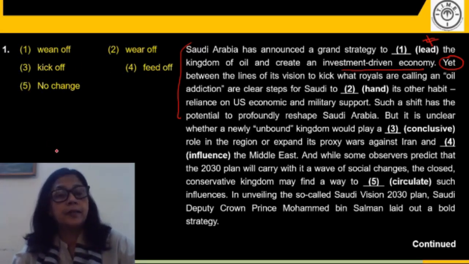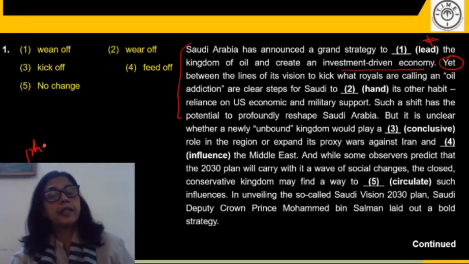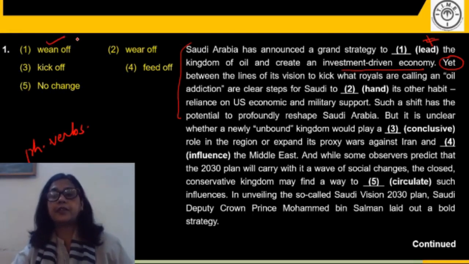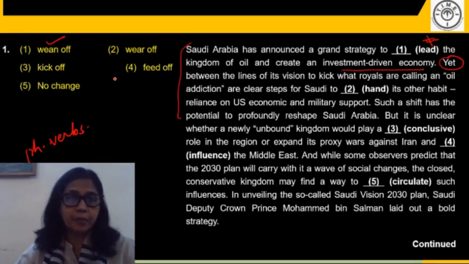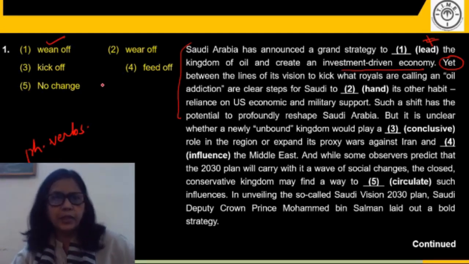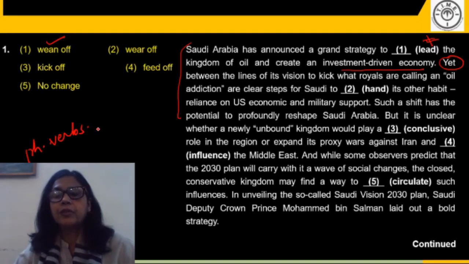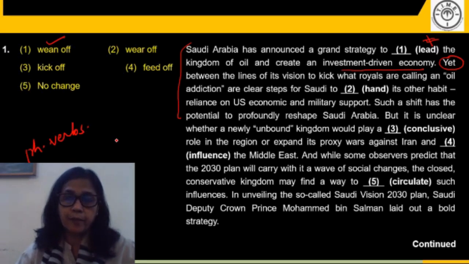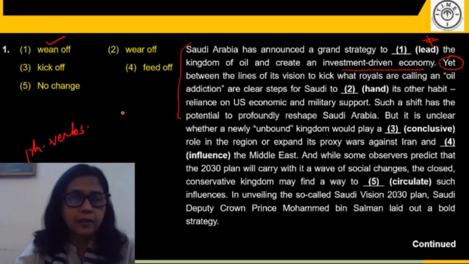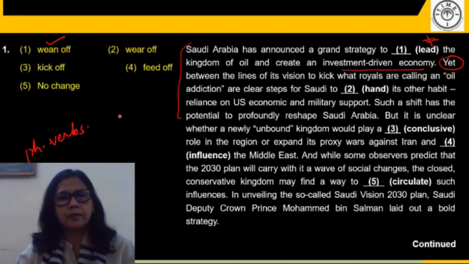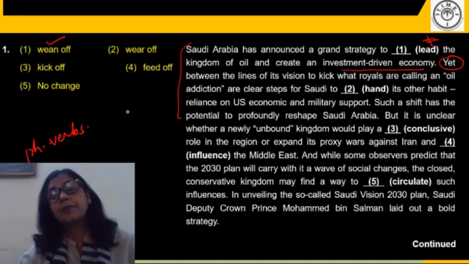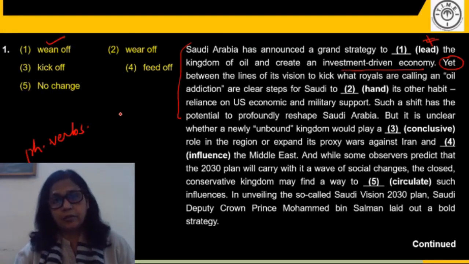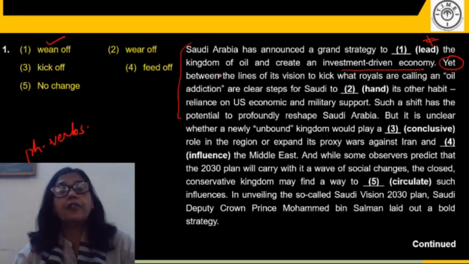Now of all these phrasal verbs, wean off is the one that fits the best. Now, what does wean off mean? It means to make someone or something stop doing or using something, right? So, for example, efforts are being made to wean the country off foreign oil. That means the country will not be using oil that has been produced or taken out domestically. So wean off is the word over here.